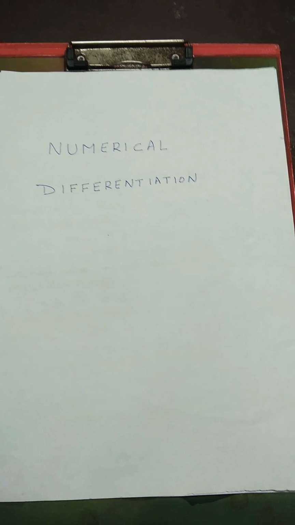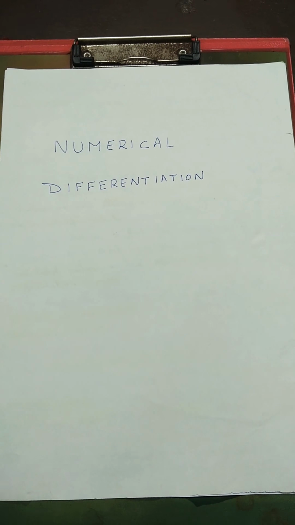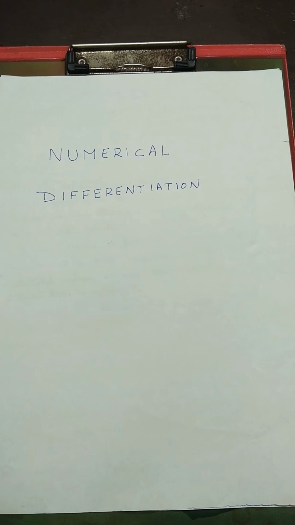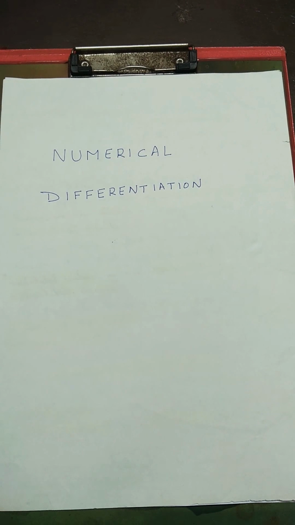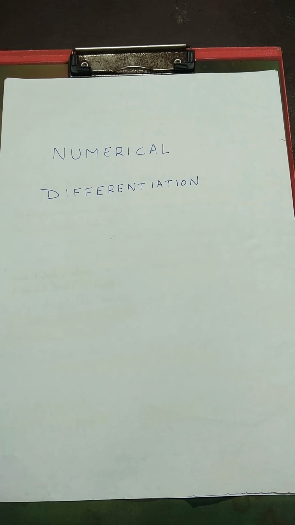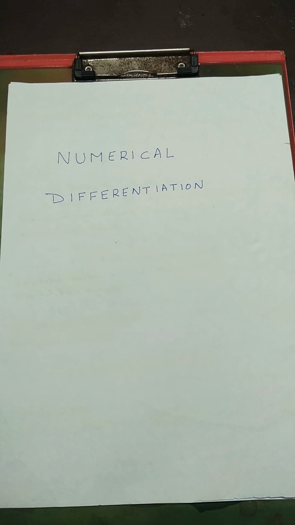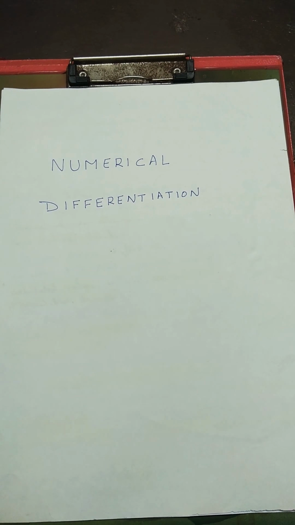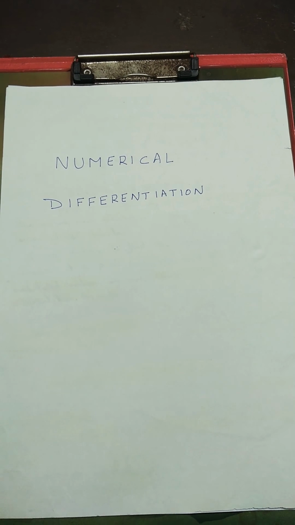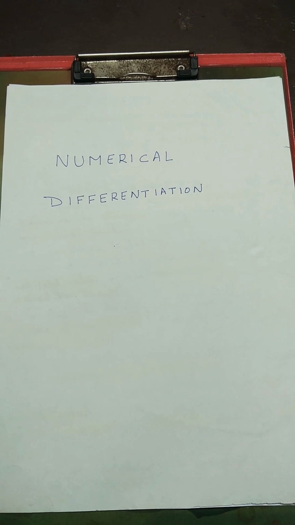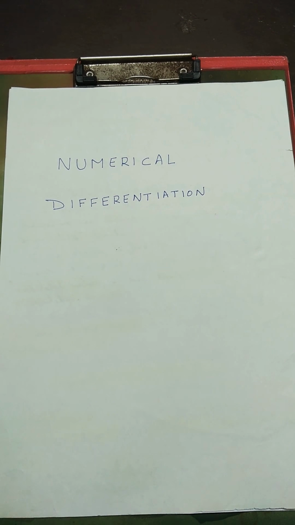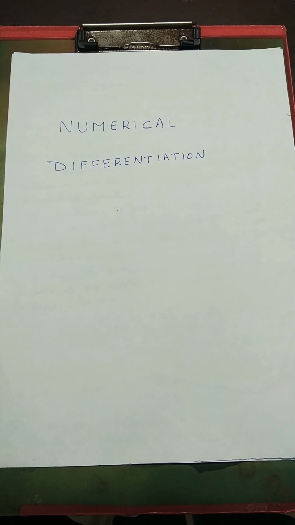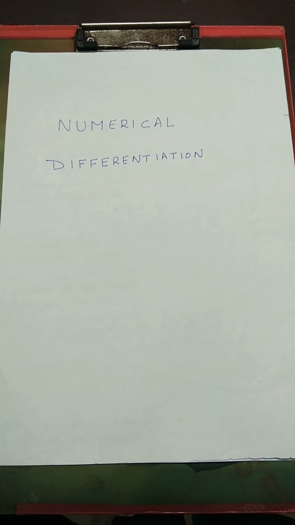In the previous lectures, we have discussed interpolation and extrapolation. We have also discussed the interpolation methods for equally and unequally spaced intervals. The interpolation methods that we have studied for equally spaced intervals are Newton forward interpolation method, Newton backward interpolation method, central difference formula, and specifically Stirling's formula.